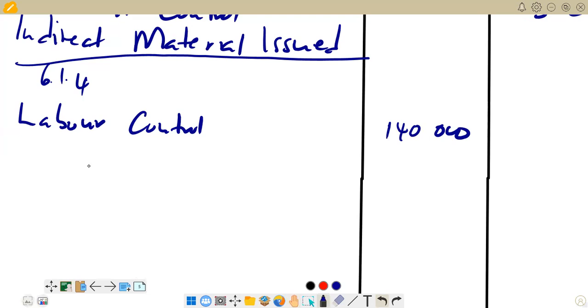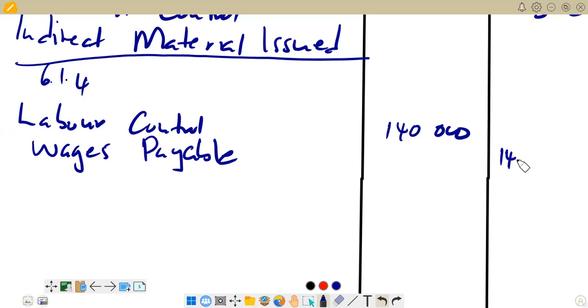And then we are crediting wages payable. This is not a payment that has been made. We are just making a double entry of the total labor.